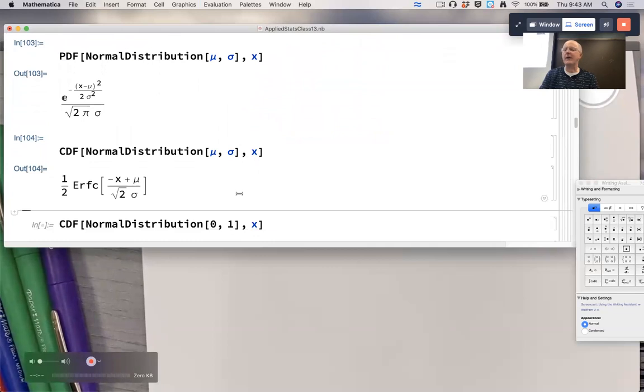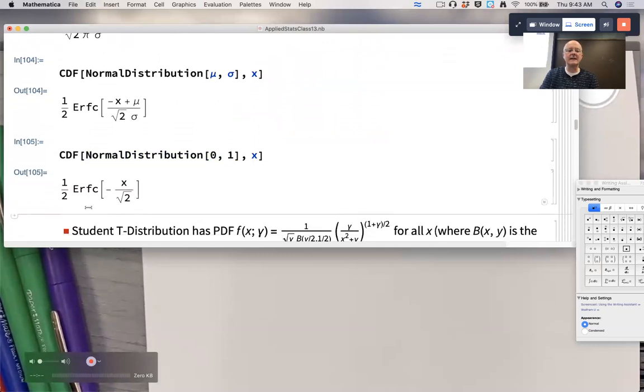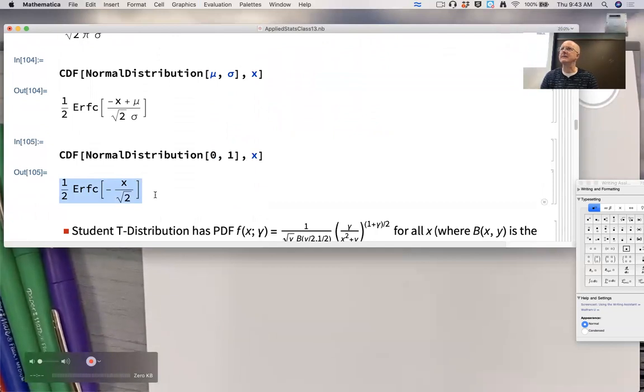It's called the complementary error function. Actually, when mu is 0 and sigma is 1, that's the standard normal. This is the same thing as way back when, 4 weeks ago, we used the capital phi notation for, the CDF of a standard normal. Erfc stands for complementary error function. You can look into details.